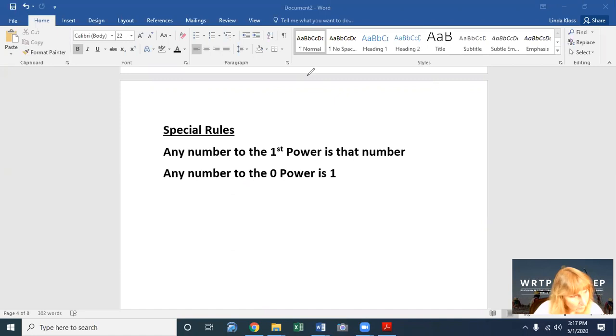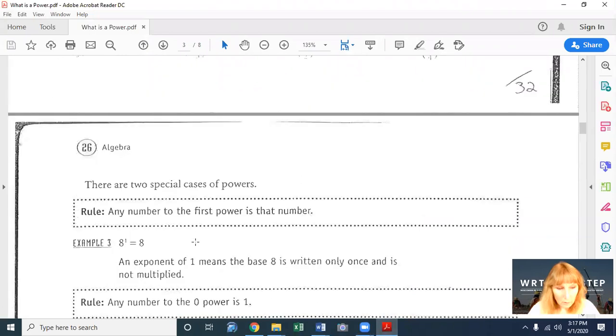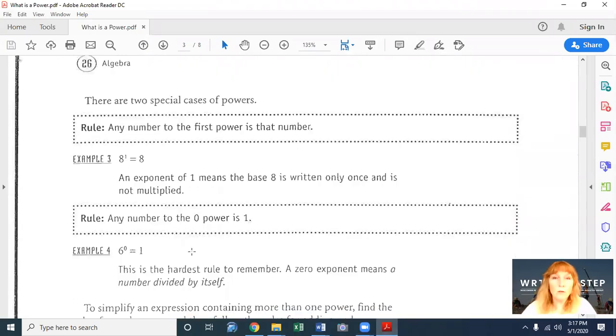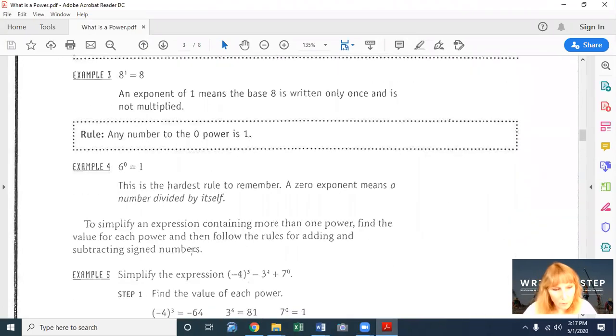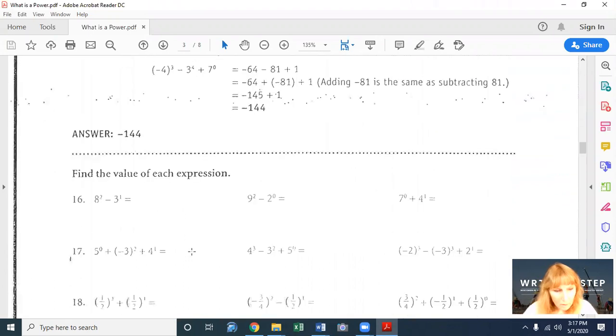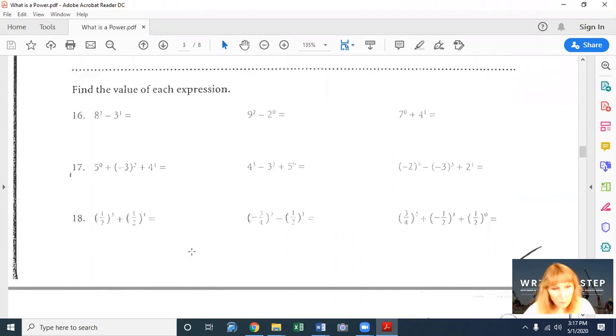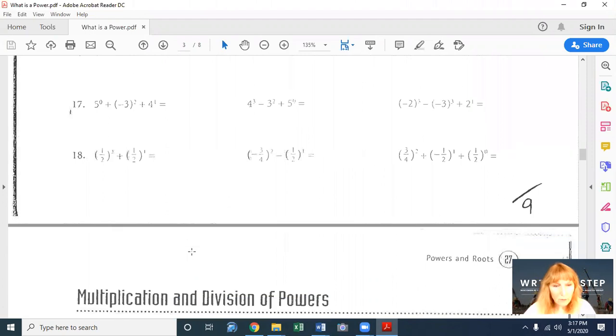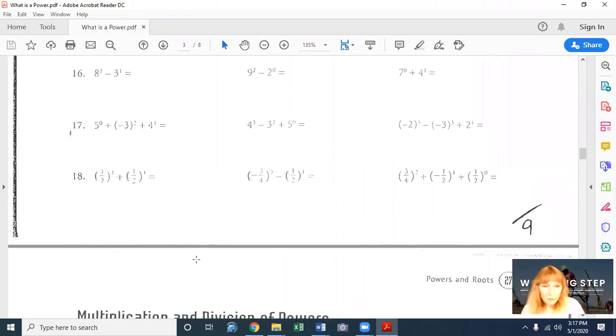Let's look at then page 26. I want to do row number 17. So let's bring that back up. Okay. And the rules are written here for you as well. You can go right ahead and read that and look at those examples on your own. So row 17 right here. Let's figure out some of these answers here.